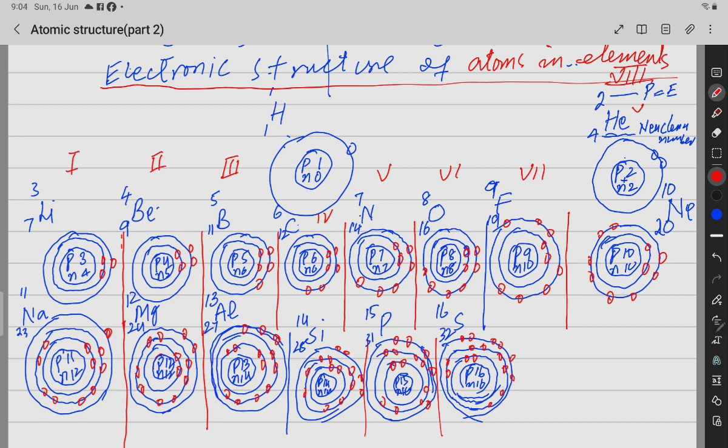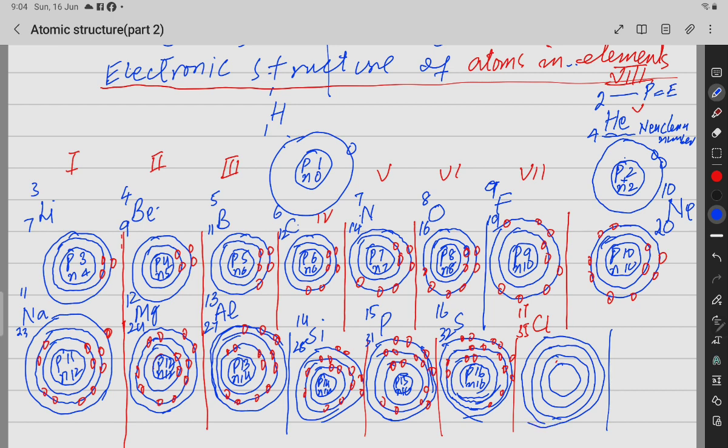Similarly, in group 7 there is chlorine, 17 and 35, proton 17, neutron 18.